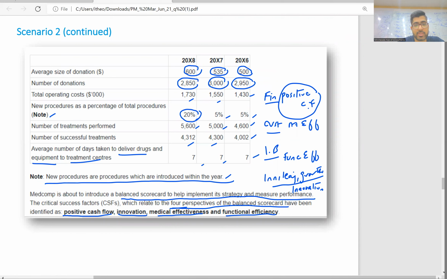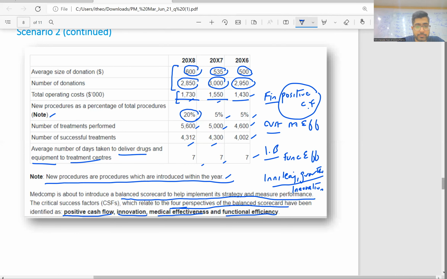And how do we get positive cash flow? Positive cash flow is inflows, donations, less outflows, of course. This will be the positive cash flow. There is no other method to find the positive cash flow. So finding positive cash flow will tell you whether the critical success factor is achieved. Okay.